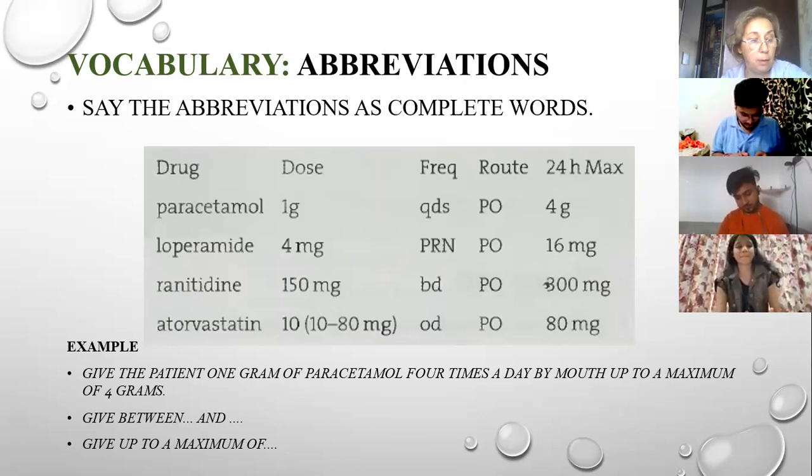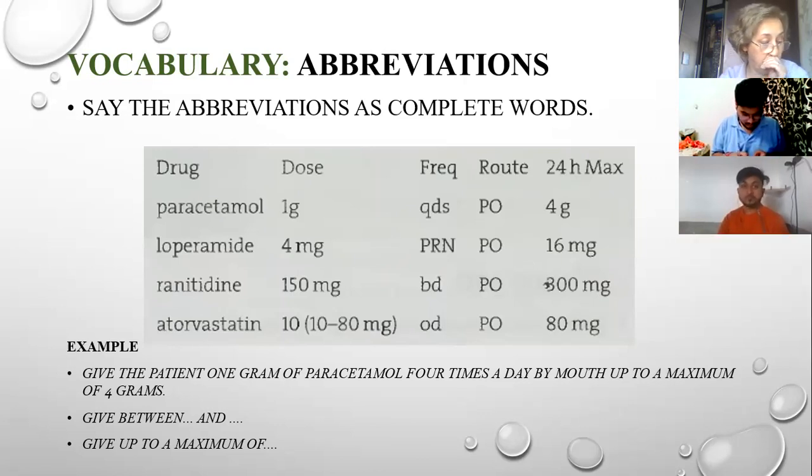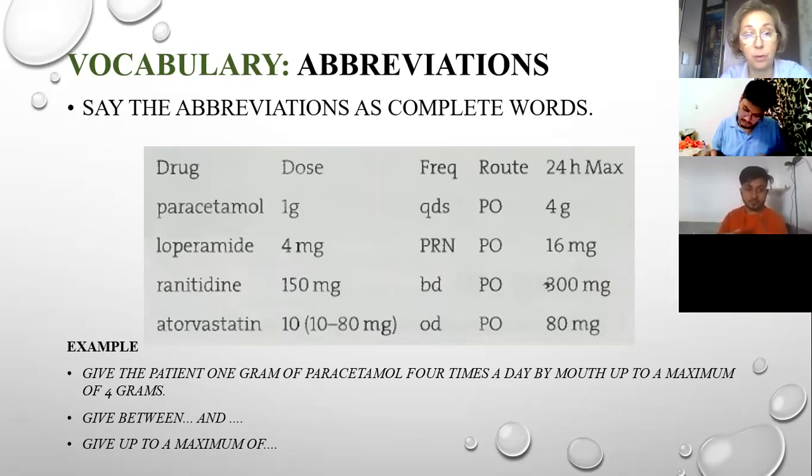Okay, let us check what we've done. And now, Muhammad, please. Yes, ma'am. The first drug is paracetamol. So it will be 1 gram of paracetamol. QDS stands for 4 times a day.